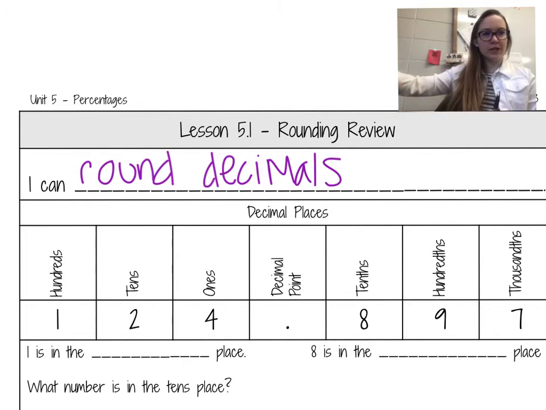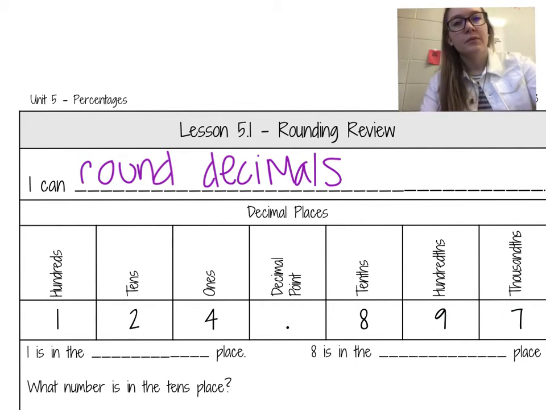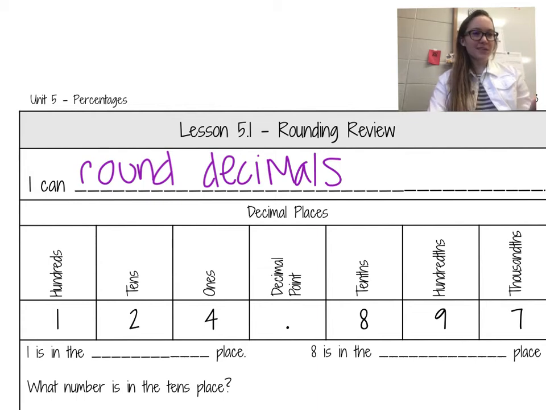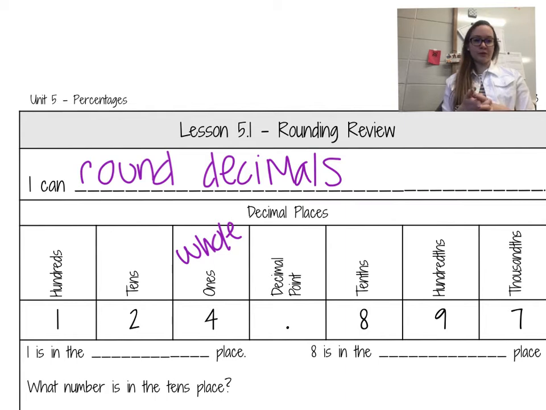It would go on to the left. Okay, after the decimal point, oh, real quick. Sometimes the ones place, when we say round to the nearest ones, we don't really say that. It's also called the nearest whole number. So if you say the nearest whole number, it just means the ones place.